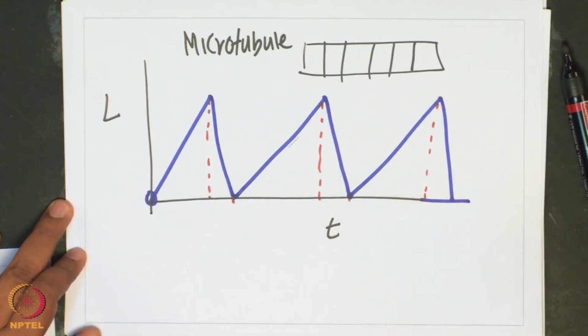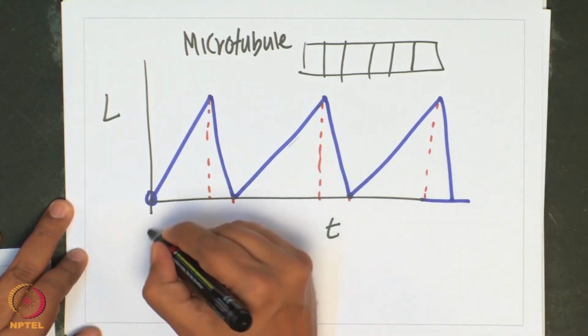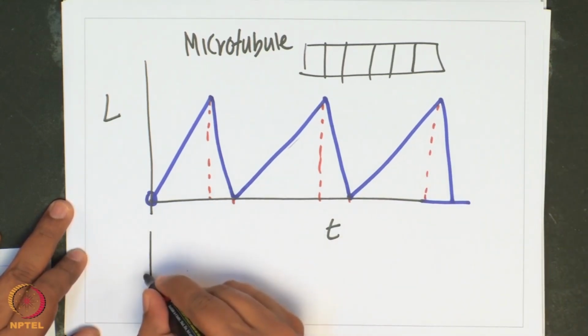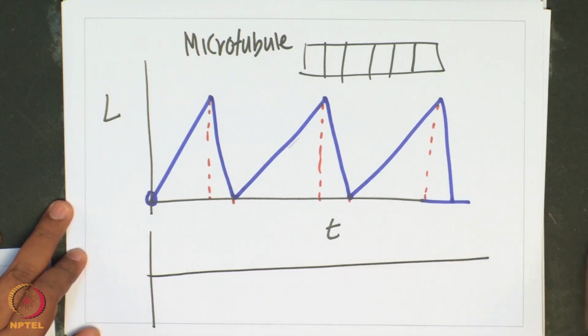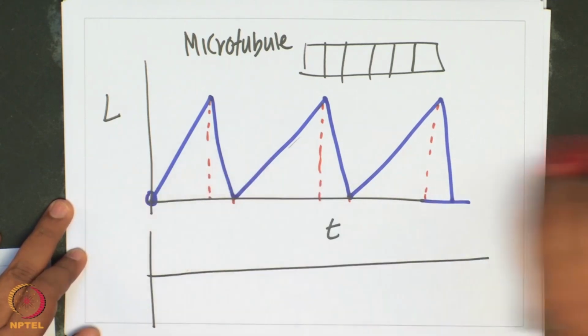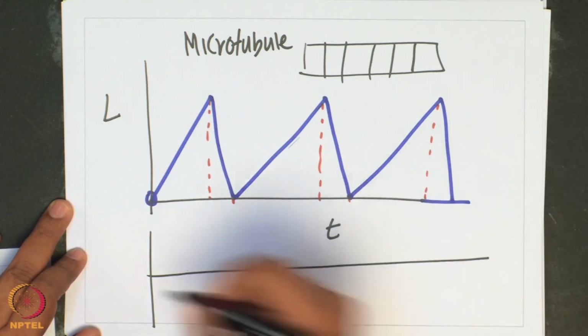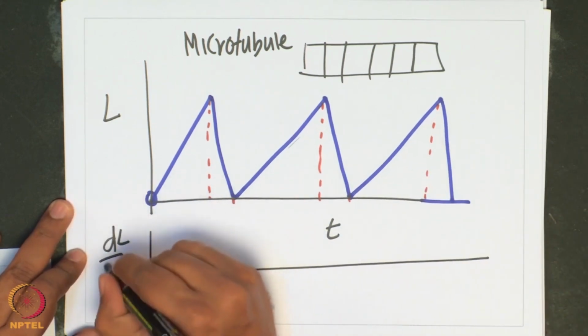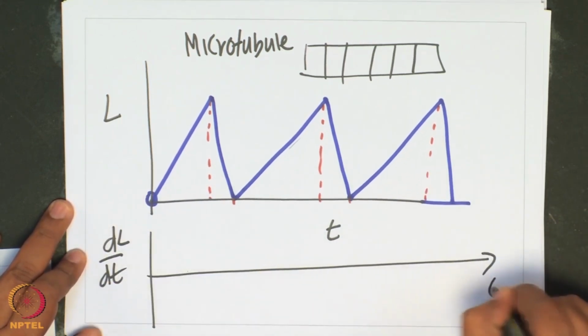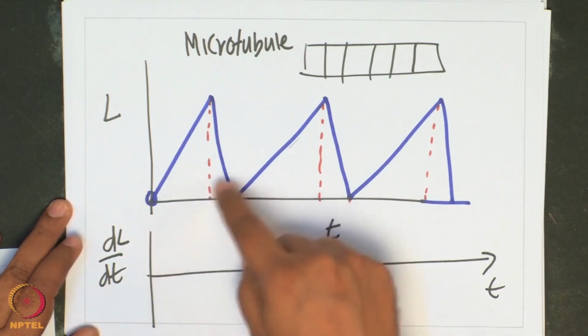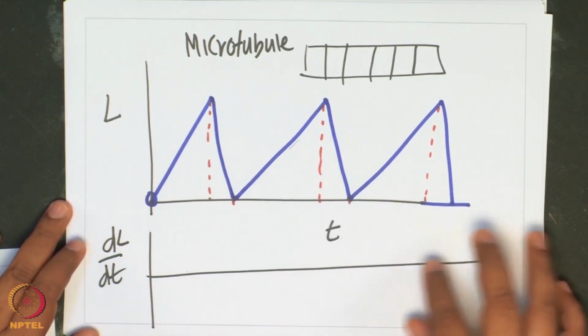Now if you look at this and plot its derivative, what am I going to plot? I am going to plot dl by dt versus t.